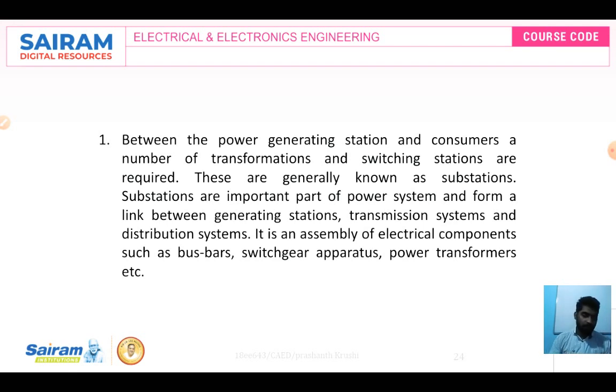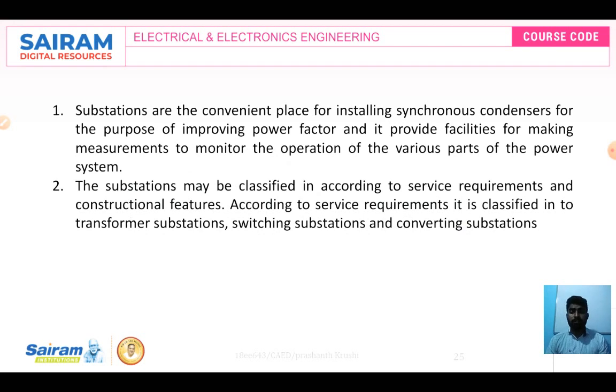It completely includes switching devices like fuse, MCB, capacitor bank, CT, PT, circuit breakers, lightning arrestor, wave trap, and many more electrical appliances, isolators, insulators, bushings and so on, right? A substation is also a convenient place for installing a synchronous condenser or capacitor bank to improve the power factor.